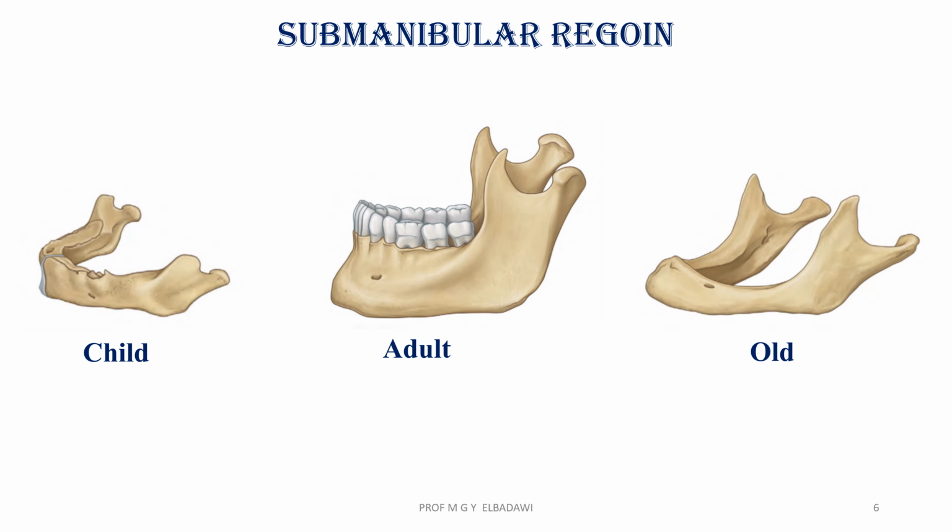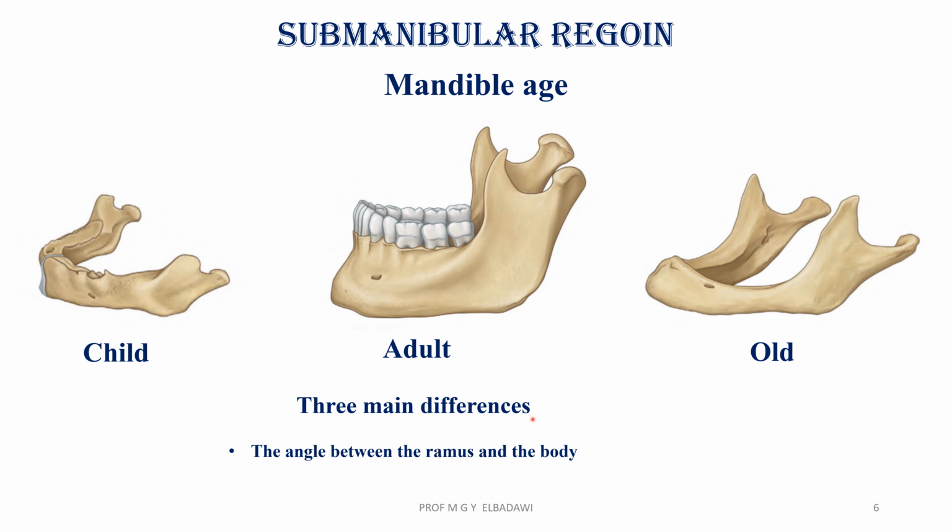The last point about the mandible is the age of the mandible. We have it in childhood, in adult, and in old age, and we depend on three main differences. The first is the angle between the ramus and the body of the mandible. In childhood, as you can see, it is an obtuse angle due to the incomplete development of the alveolar border and the teeth at that age, and the backward direction of the ramus.